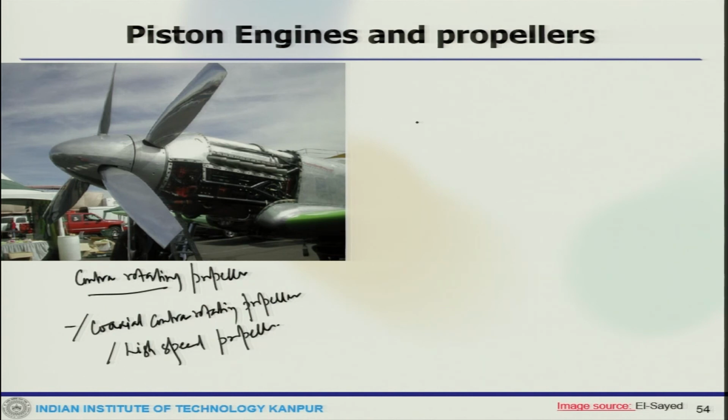So, two propellers are arranged one behind the other, and power is transferred from the engine via a planetary gear or a spur gear transmission.